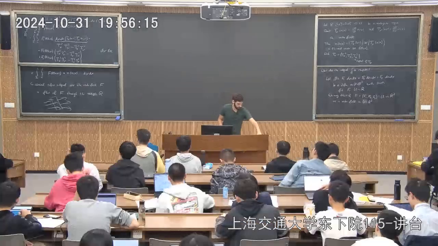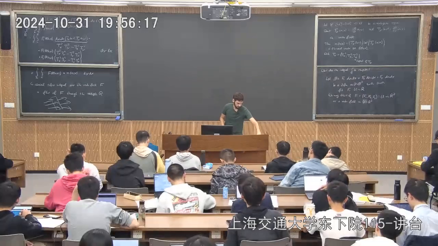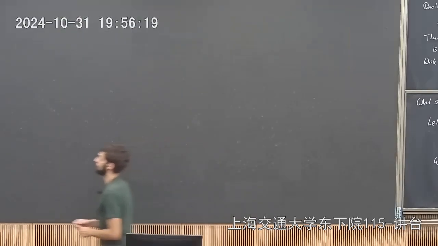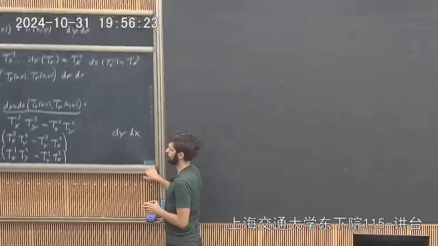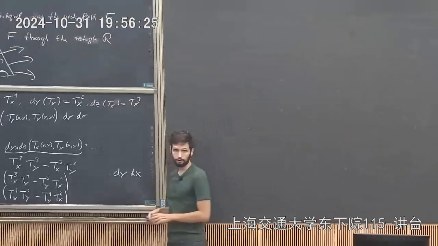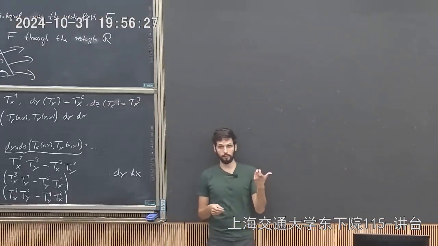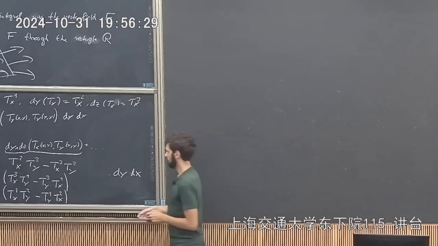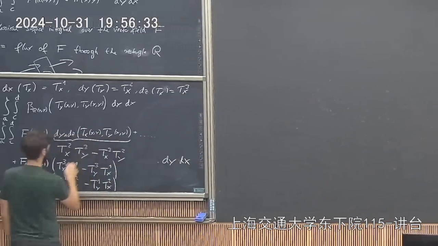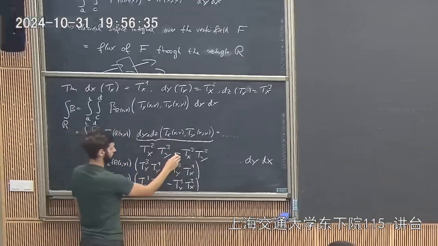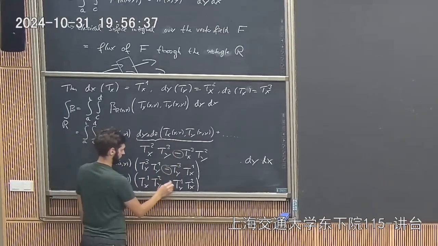And someone asked me in the break, why do we actually require a two form to be antisymmetric? Why do we require that there's a minus sign? If you look at what this gives you, this minus sign is essentially these minus signs here.